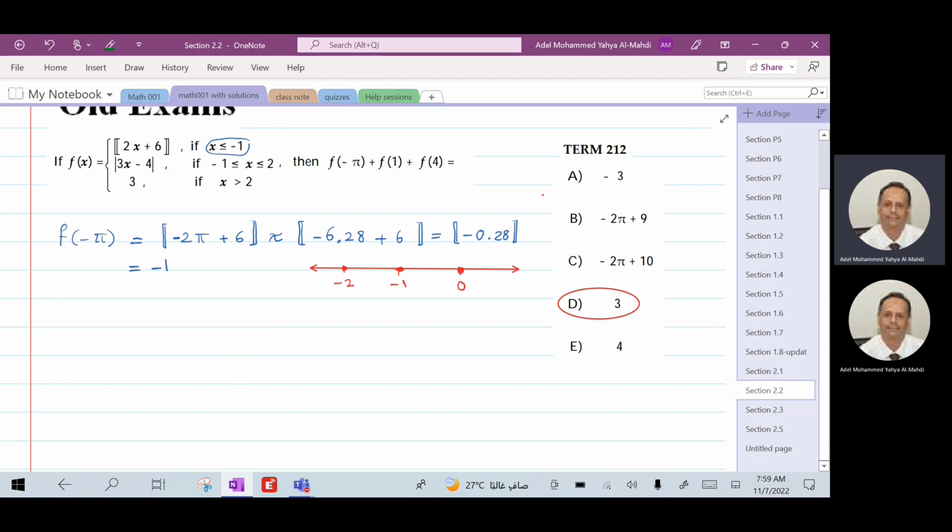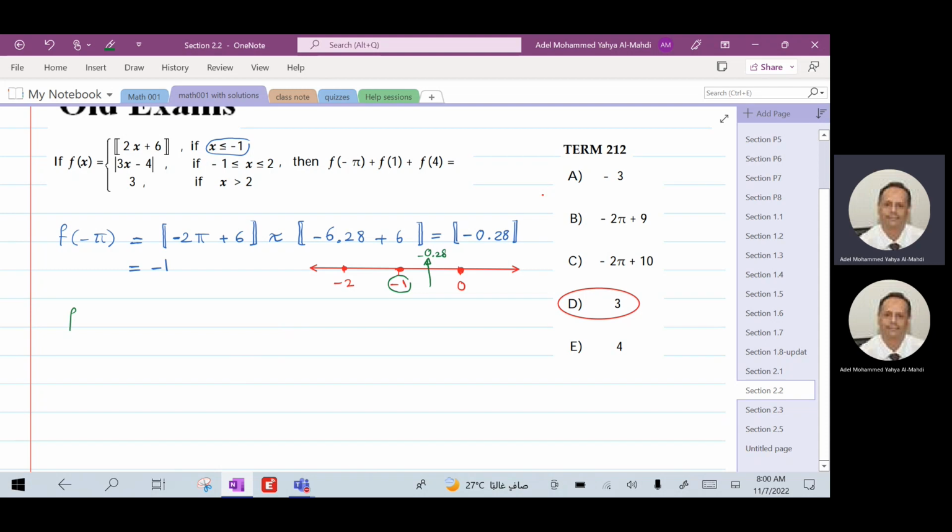Our number, minus 0.28, is here. Then the greatest integer less than or equal to this number is minus 1. Now this is f of minus pi.